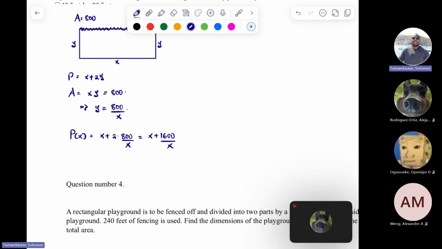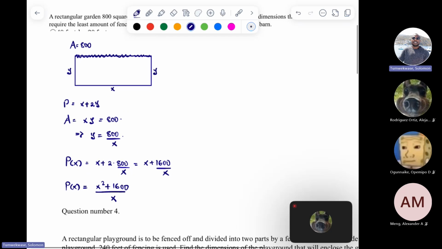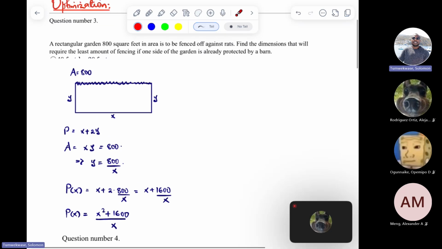I can write it nicely if I want, and say maybe this is the same as x squared plus 1600, all over x. Now, that is the function of the perimeter in terms of x, and that is the function I need to optimize.